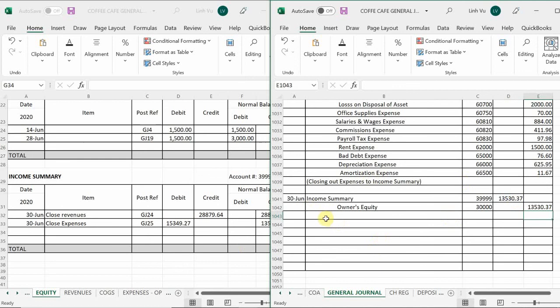And I'm going to go ahead and make a note to say that we are closing out to equity.